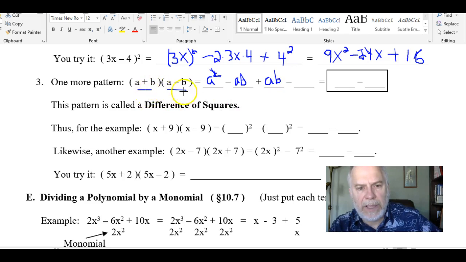And then last term, b times negative b would be negative b squared. Now notice we have a negative 1ab and a positive 1ab. These will add up to 0. Okay, so they'll basically just get crossed out because they add up to 0. And then we'll just have a squared minus b squared.